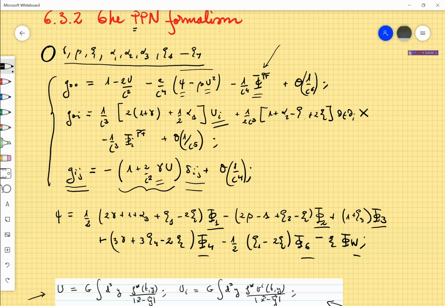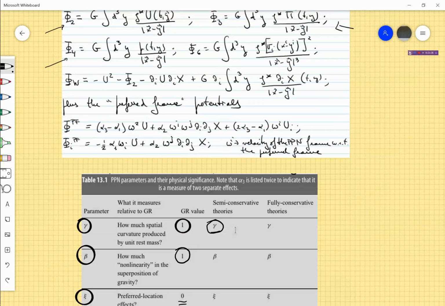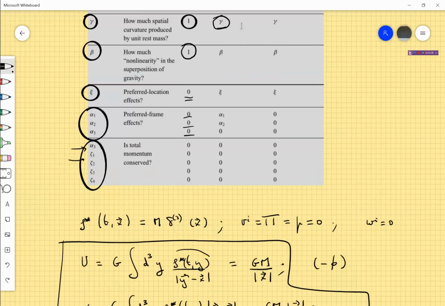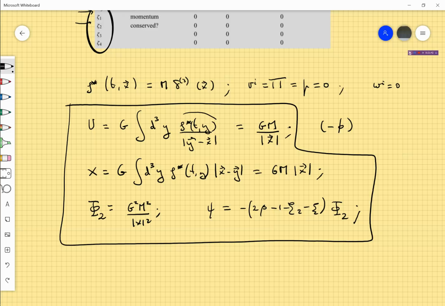So this metric does not contain all the parameters, which means that you cannot probe their value by just experimenting with this gravitational field. You need more complicated fields, probably with rotations, velocities, and so on.